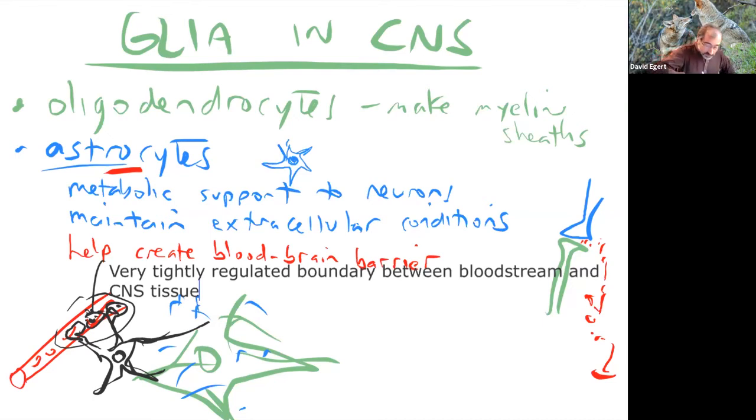So astrocytes playing important roles. And I should mention, astrocytes do more stuff. They have their own electrical signaling. It's slower. It's not like the fast spikes of the action potentials. An action potential maximum spikes around a kilohertz, about 1,000 spikes a second.